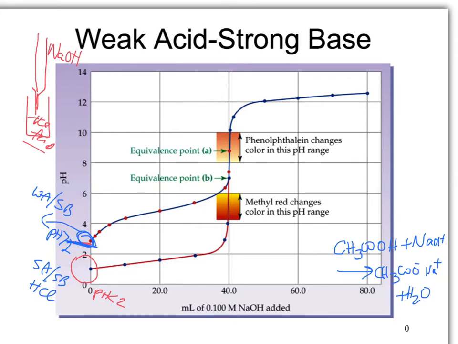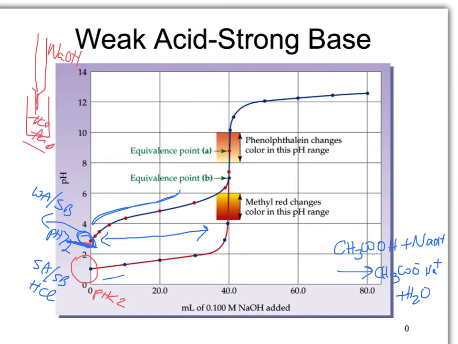The other thing that I would like to point out here is that as you start to add the sodium hydroxide into the system, of course you're increasing the pH, but notice this really wide range and the curvy line. It was a pretty straight line in the case of the strong acid, strong base one, but in the case of a weak acid, there's a sense of a curve going through that, and that's pretty characteristic of a weak acid as well.